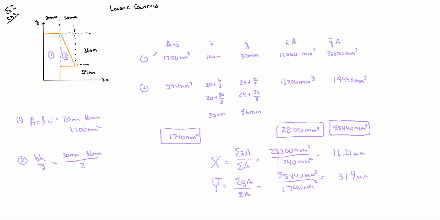All right. And our last step is to locate that on the figure. So let me get a nice gaudy color for us. We'll use orange. All right, so 16.21 millimeters from 0. So not quite up to the edge, up 31.9. So probably somewhere right around here.